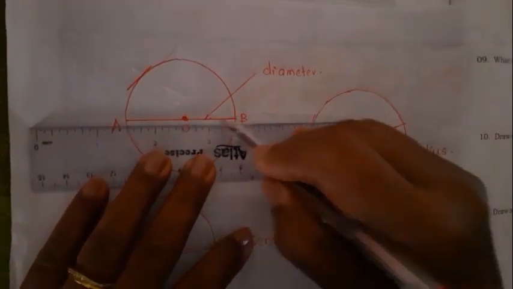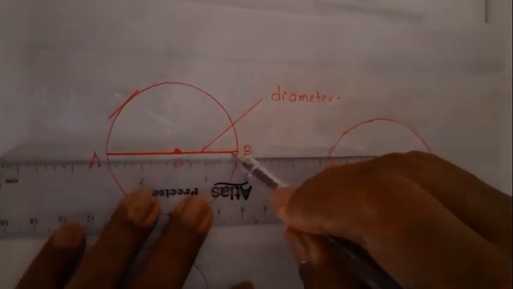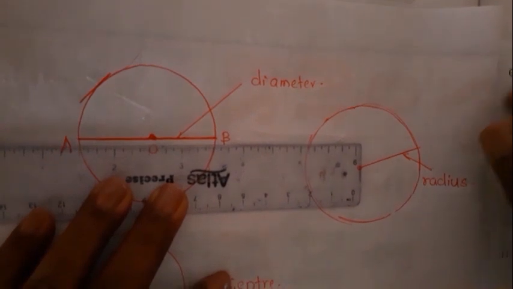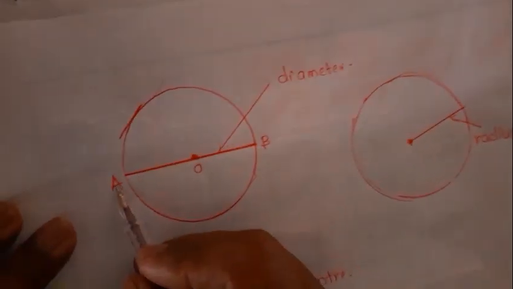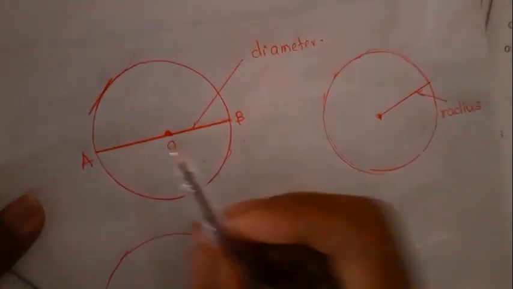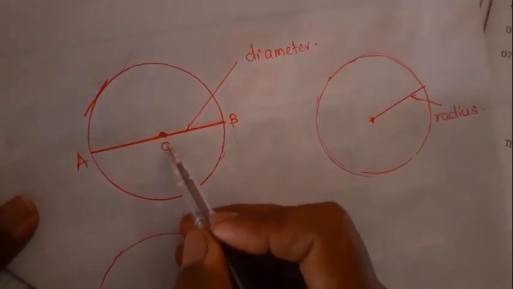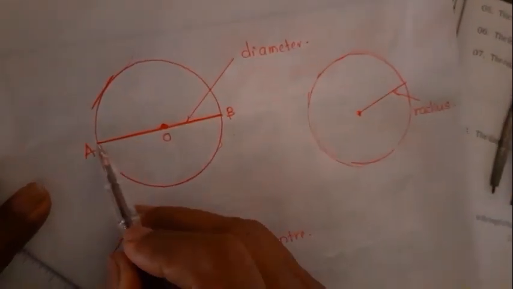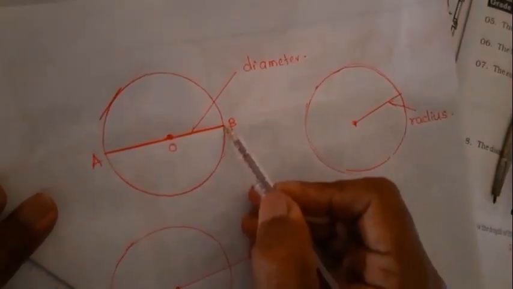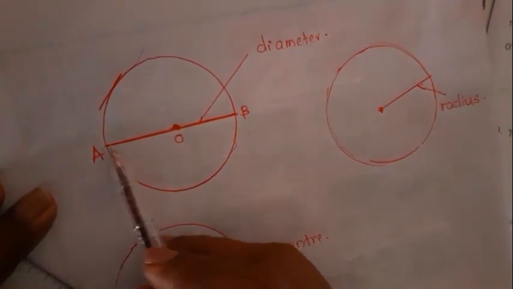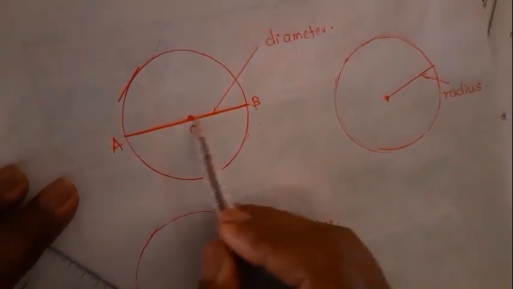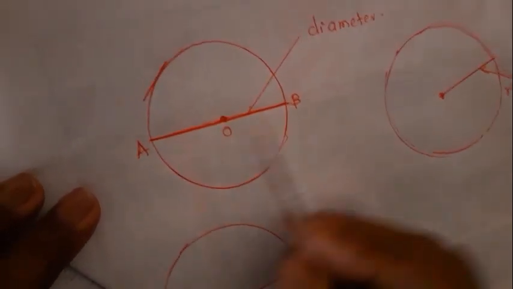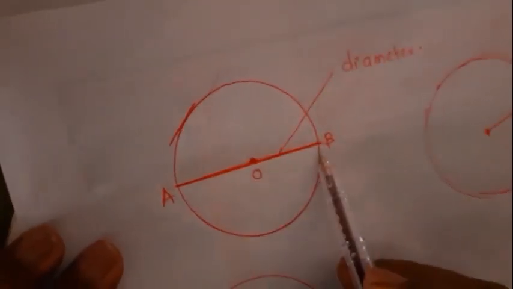The diameter is the longest chord of the circle. I have marked A and B. O is the center of the circle. The diameter goes through the center of the circle. You can see this line has gone through the center.